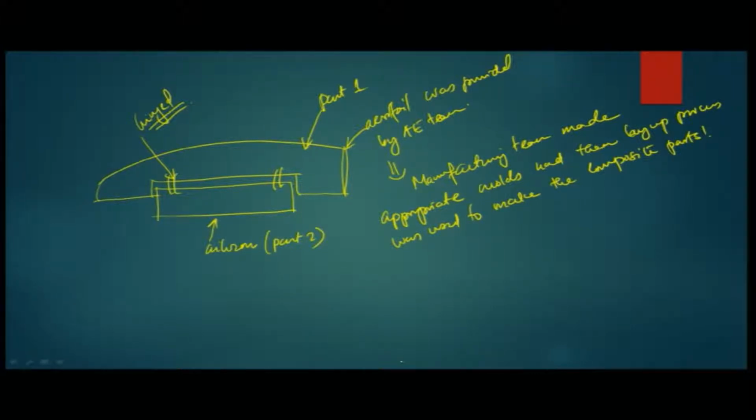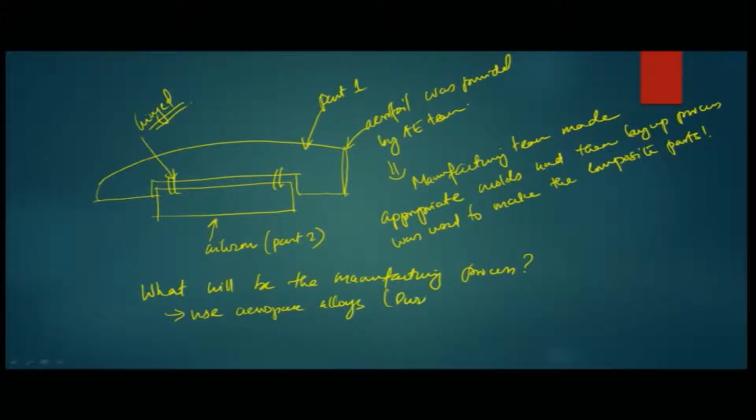Obviously, the question here is why did we choose composite parts? There are a couple of reasons. There was a discussion on what the manufacturing process would be. Obviously, one option is to use aerospace alloys like duralumin and all.